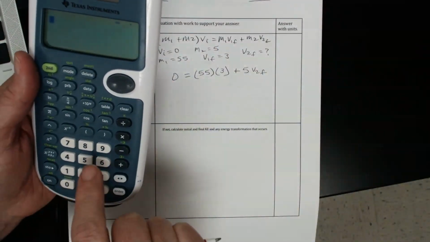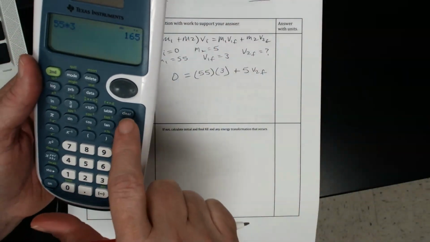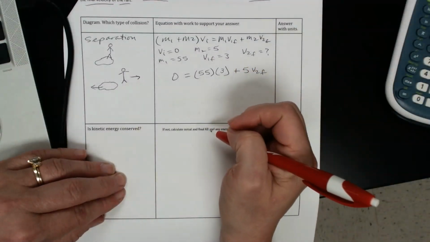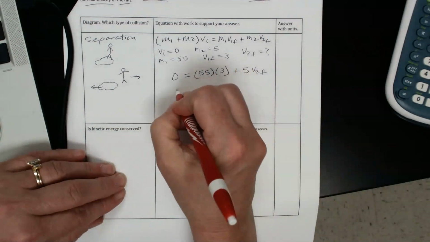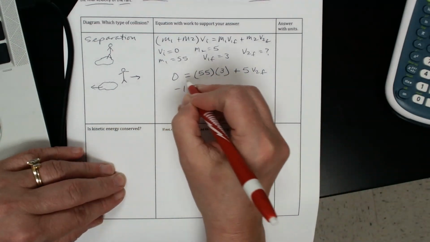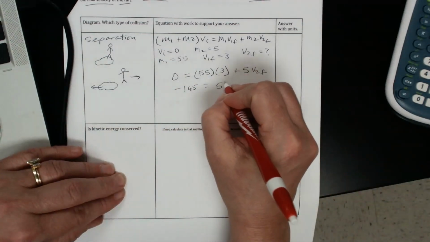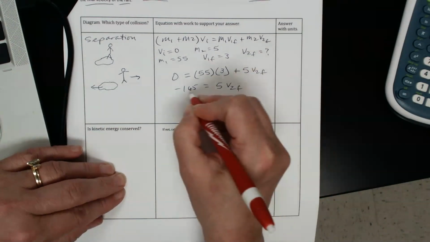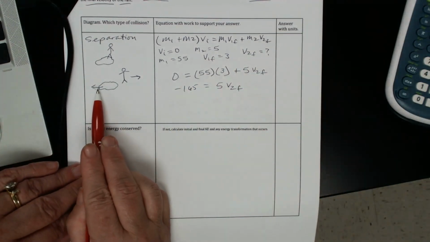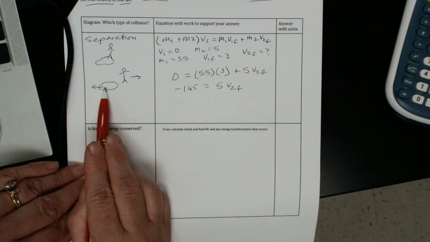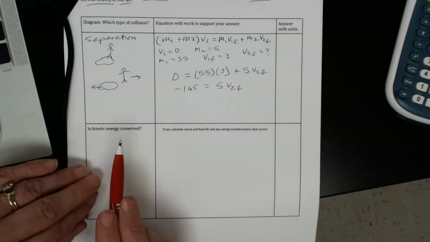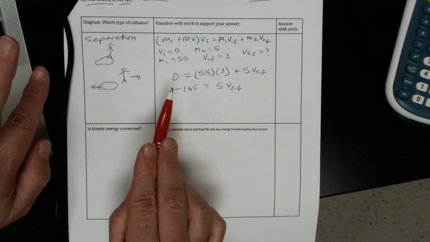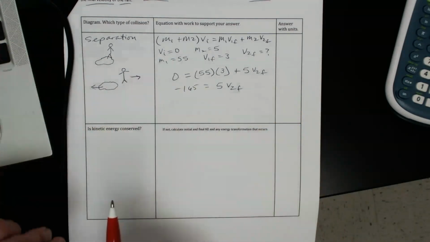Let's multiply 55 times 3. That's 165. So I'm going to take this 165 and subtract it from both sides. That's going to give me minus 165 on this side equals 5 times V2F. So we can see that we've got our negative direction here. Our raft is going to be moving in a negative direction because they're going in opposite directions after the separation from each other.